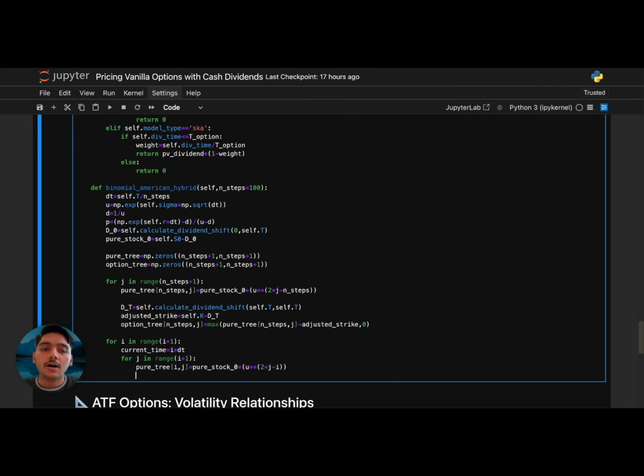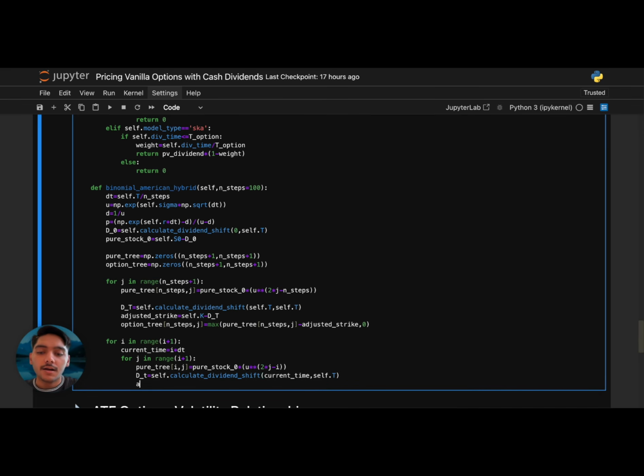Okay. So now just calculate the time dependent strike adjustment, which will be D_t is equal to self.calculate dividend shift, the current time, self.T, and the adjusted strike will be equal to self.K minus D_t.